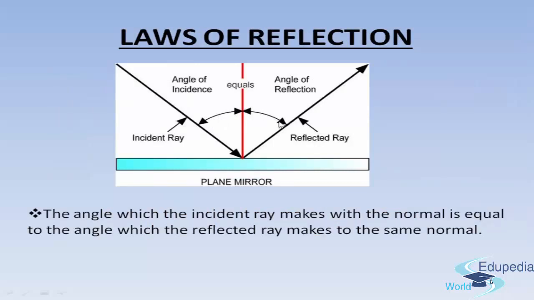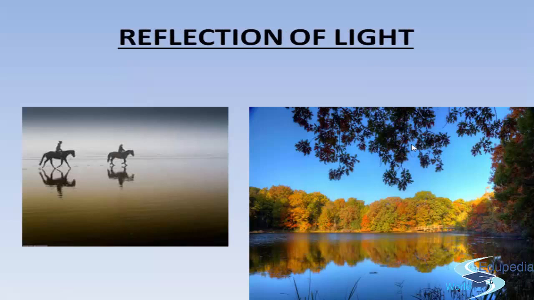What is the angle of reflection? The angle of reflection is the angle made between the reflected ray and the normal. So both the angles will be equal. Angle of incidence will be equal to angle of reflection. So these are the laws of reflection.